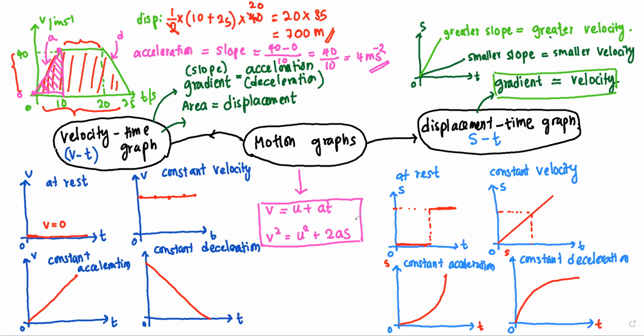So V is the final velocity, and U is the initial velocity, and A is the acceleration or deceleration, and T is the time, S is the displacement.